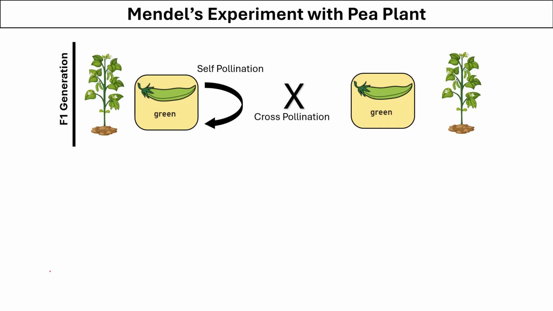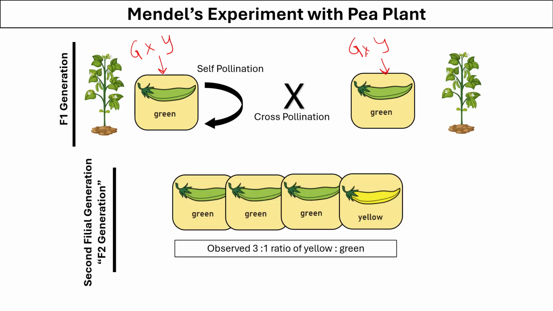Okay, then he took this F1 generation, which actually came from a cross between a green and yellow parent, and this also came from a cross between a green and yellow parent. So these are not pure lines, they have come from the cross between a green and yellow, whereas a yellow pure line or a green pure line comes from only green or only yellow parents.